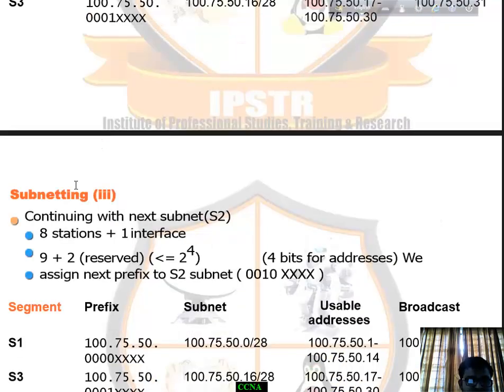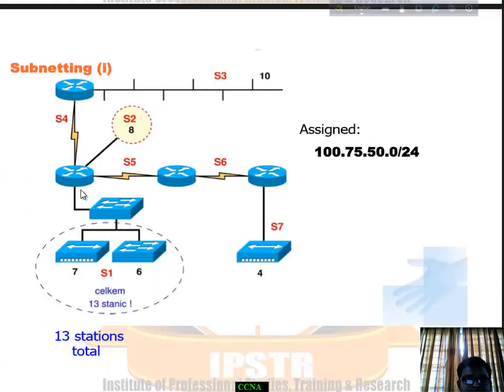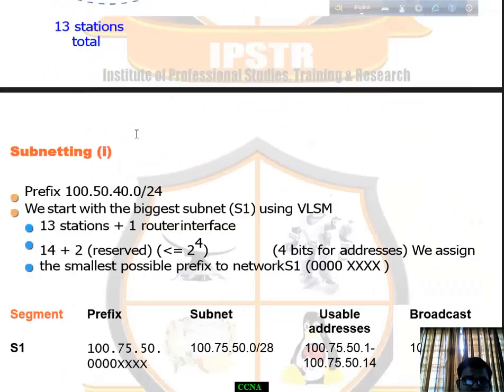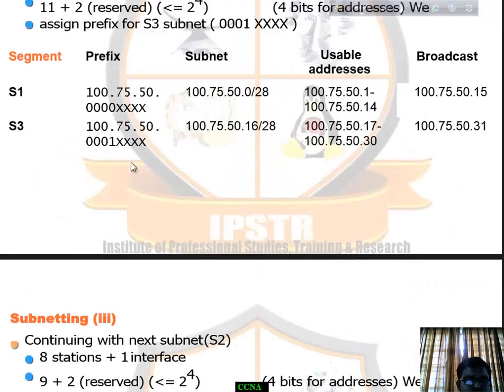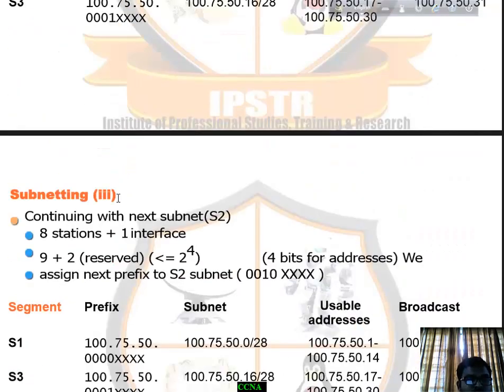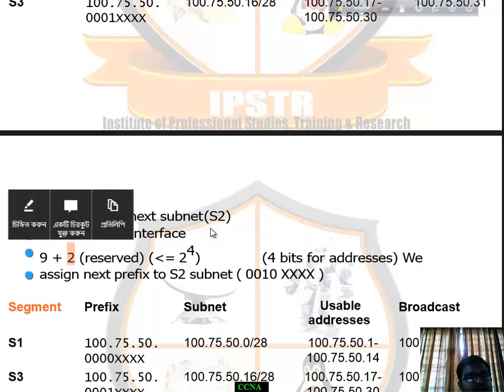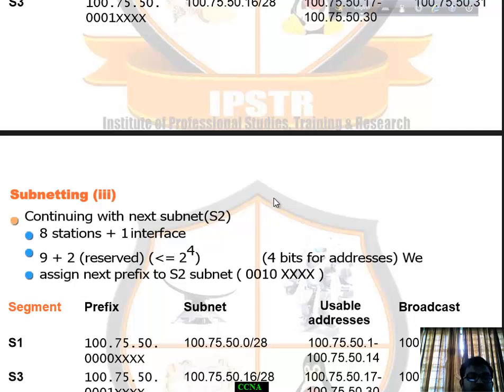So for topology 2, there is a need for 8 hosts or 8 stations. So 8 plus 1, the interface, 1 is the router. So 8 plus 1, so 9 stations, and plus 2 is always reserved for network and broadcast, so 11.